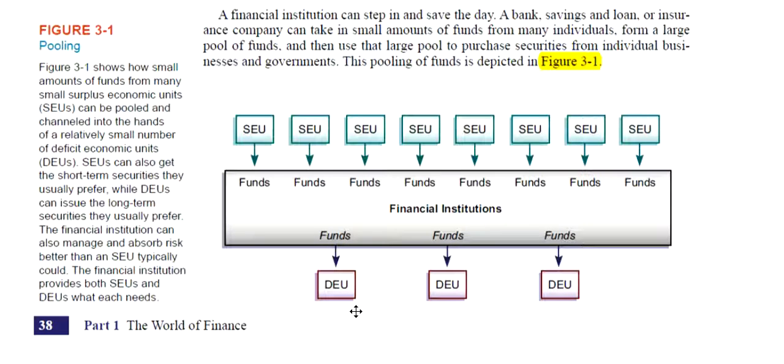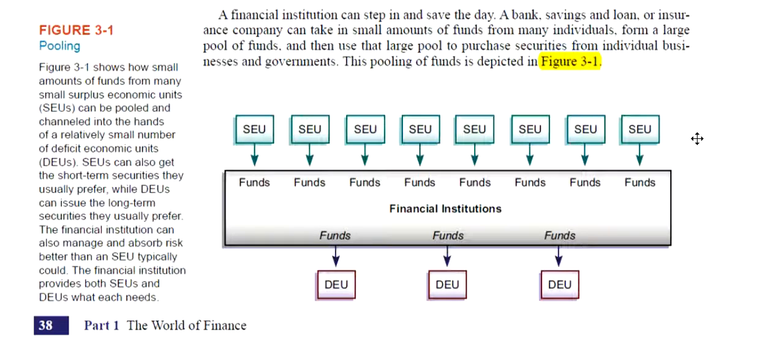The advantage of this is simply that SEUs have different needs than DEUs. The need of an SEU would typically be a household that wants a place where they can save some money, maybe earn very low interest, but always have access to their funds if they need it.